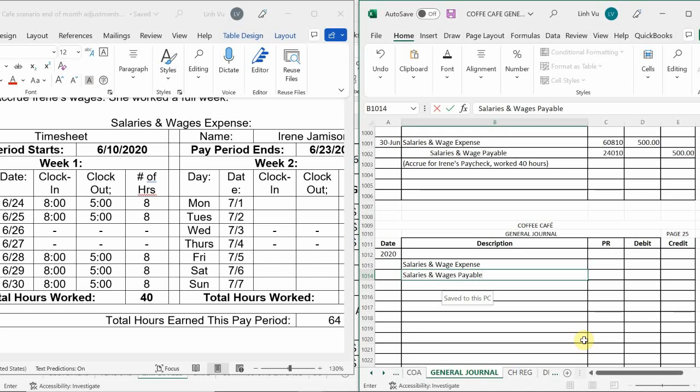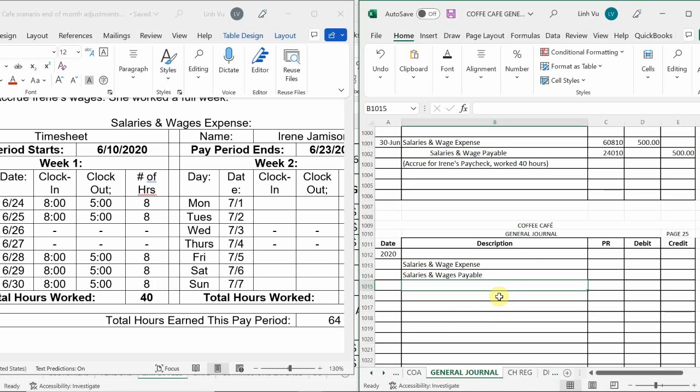Because this time you're not owing her any more money. You are claiming what she is going to get at the end of July, or July 12th, her paycheck day. And then of course you're going to follow up with all of the taxes that are required, and then her paycheck.